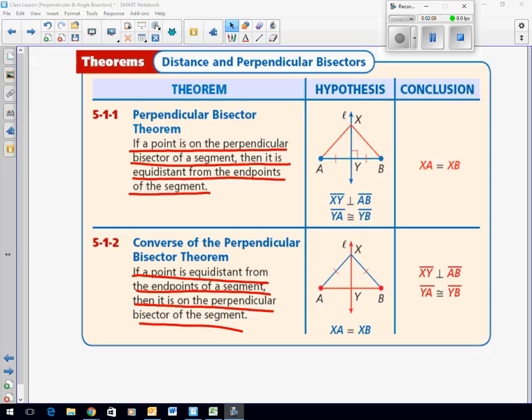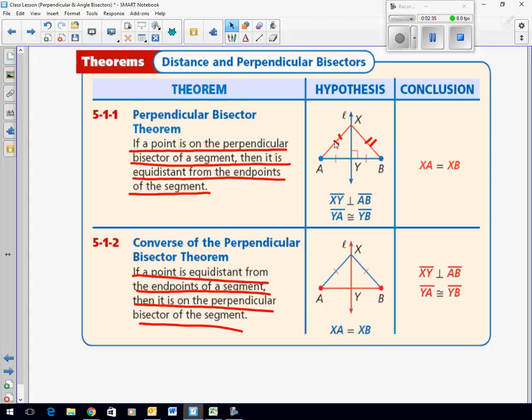So this first theorem: if a point is on the perpendicular bisector of a segment, it's equidistant from the endpoints. I'm given that XY and AB are perpendicular, and that YA is congruent to YB. That means that XA is congruent to XB.